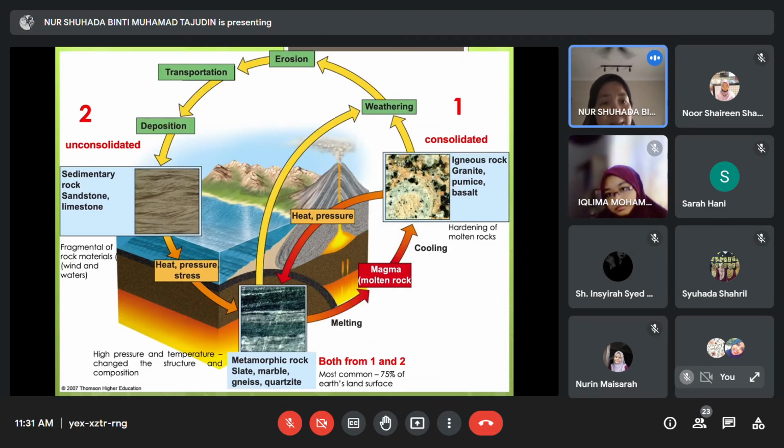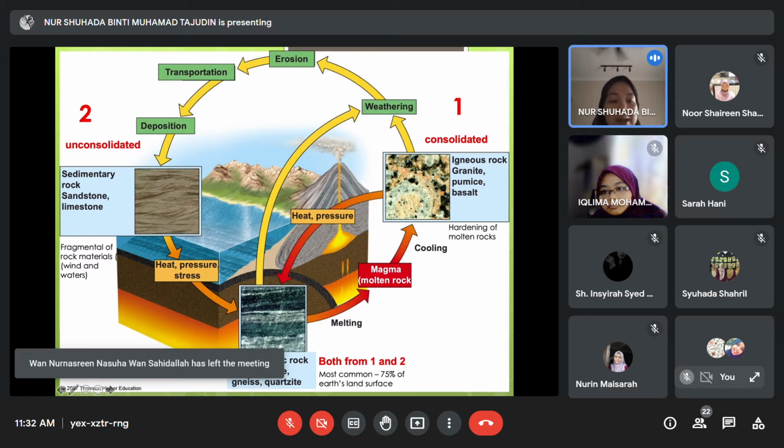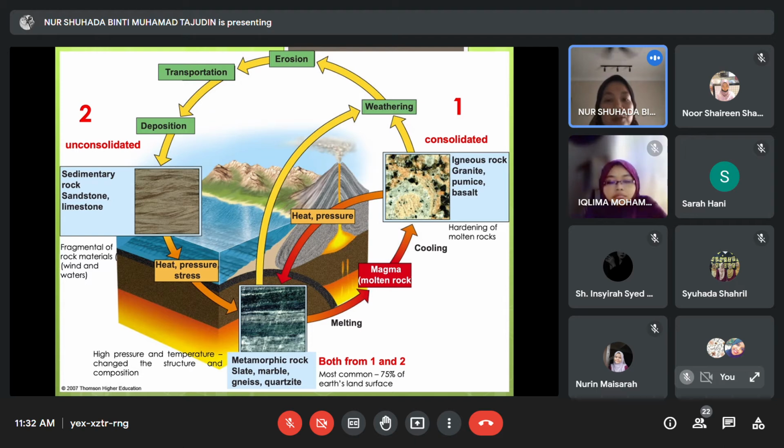So basically, it starts with, for example, okay, we have what we call igneous rock. So igneous rock is actually formed by high pressure and temperature that change the structure and composition. Okay, so dalam bumi kita ada pressure dengan temperature, dia akan membentuk batuan tu.